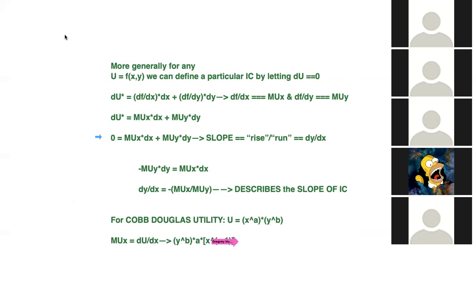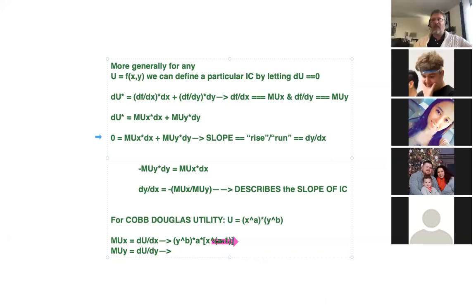And likewise, for the marginal utility of y, remember it's going to be du over dy. I'll tell you what, I'll let you all calculate this one and we'll talk about it in just a minute.